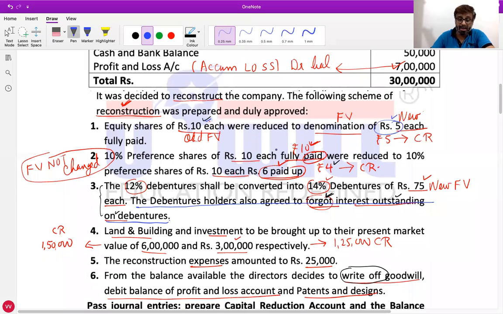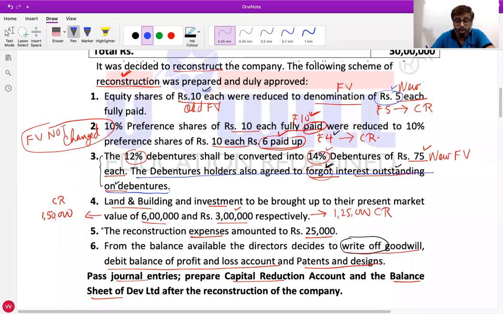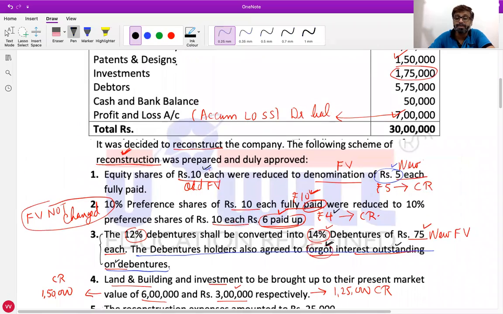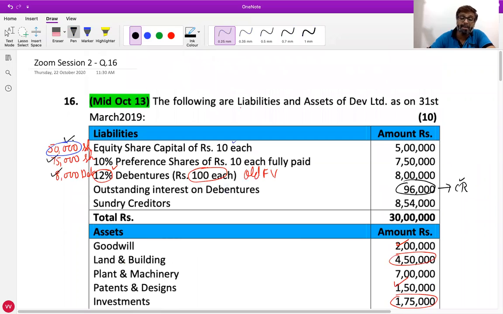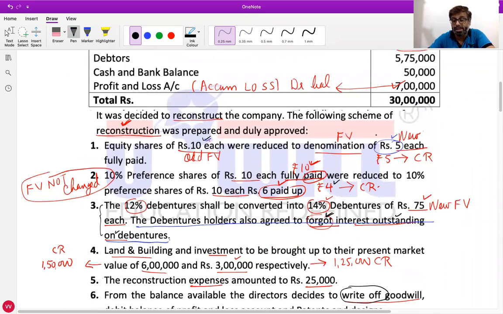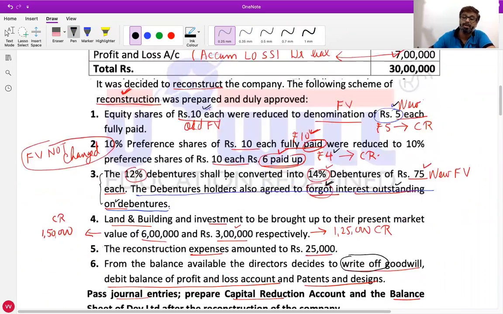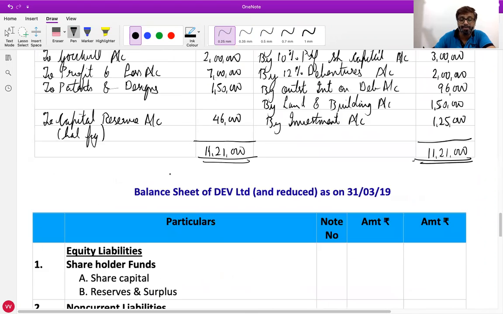Yes, sir. Any other adjustment from 2 to 6 relating to equity shares? No, sir. Now in the balance sheet, we will have 50,000 equity shares of rupees 5 each. Okay, new face value is 5.